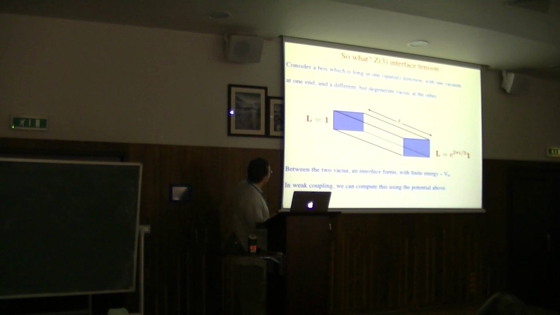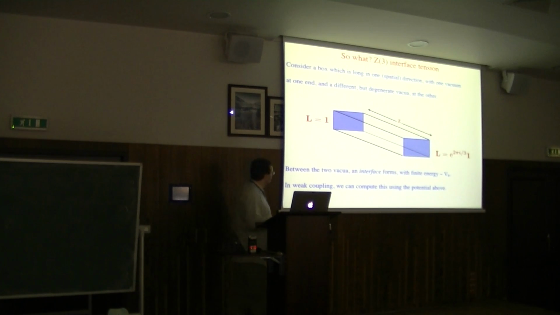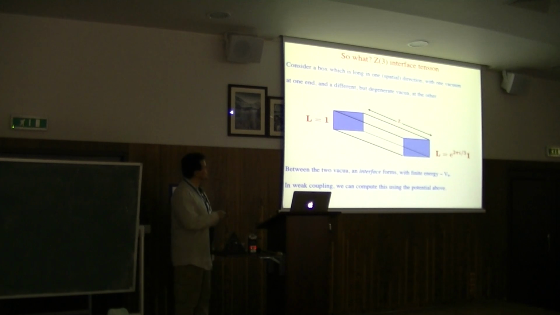We can have the Wilson line equal to 1 at one end of the box and e to the 2 pi i over 3 at the other end of the box, and tunnel between these two vacua. And we can, in fact, use the potential on the previous slide to compute this interface tension in weak coupling.